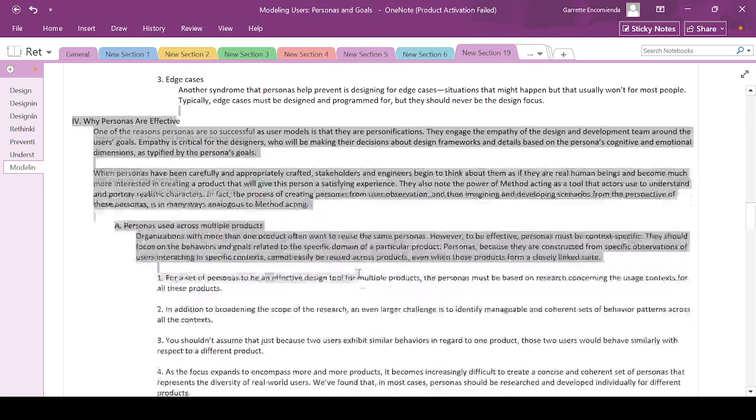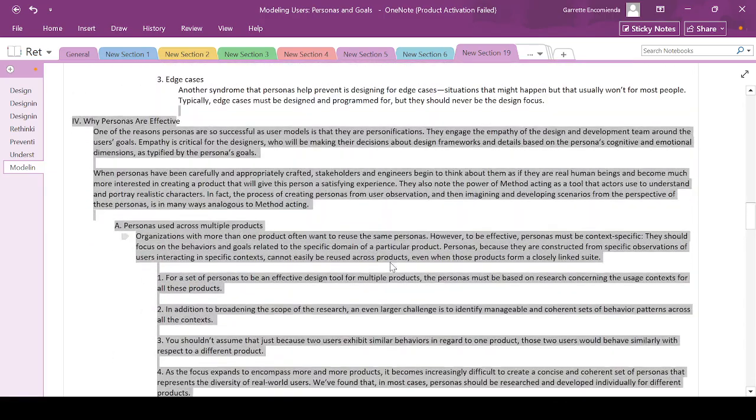So why are personas effective? One of the reasons personas are successful as user models is that they are personifications. They engage the empathy of the design and development team around the user goals. So they harmoniously engage the development team so that it could use its energy efficiently to serve what really is the most important customer.